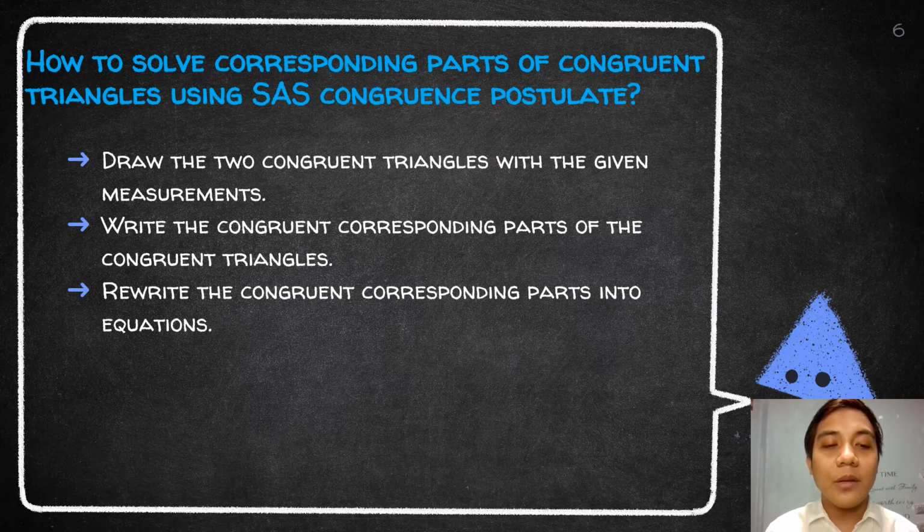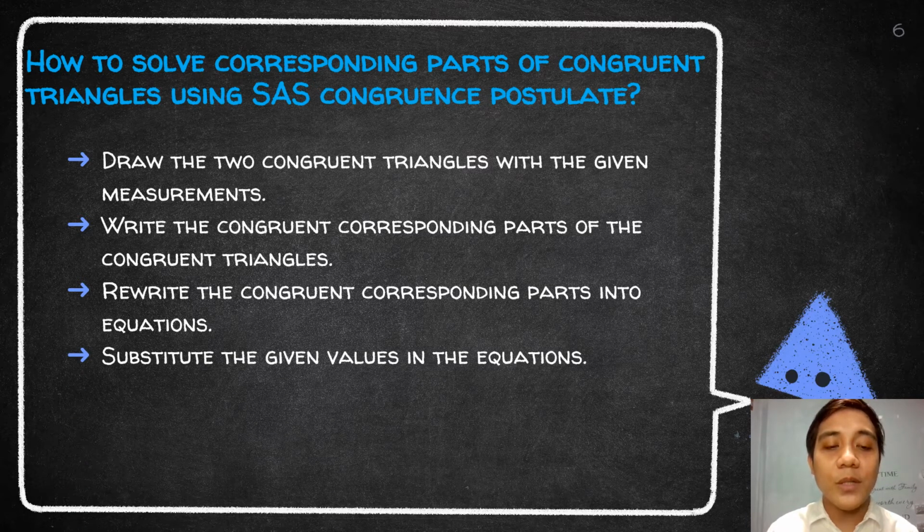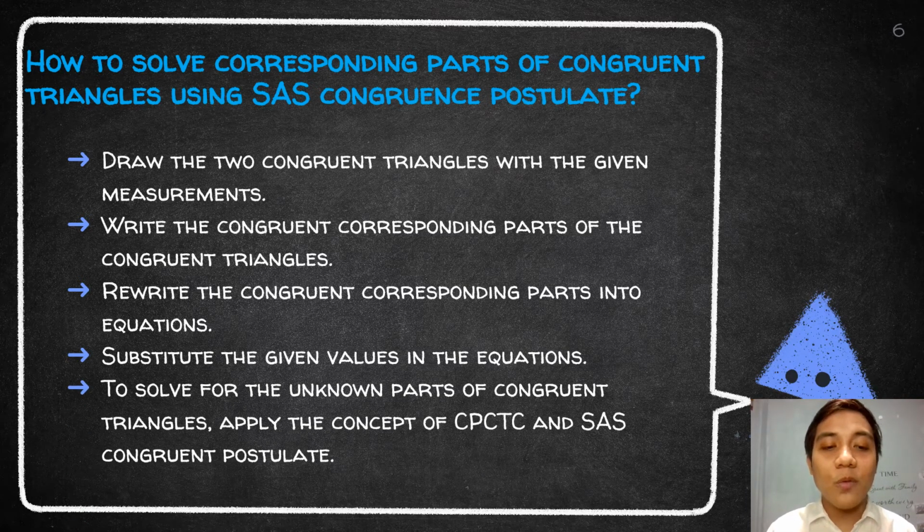Step 3. Rewrite the congruent corresponding parts into equations. Step 4. Substitute the given values in the equations. And step 5. To solve for the unknown parts of the congruent triangles, apply the concept of CPCTC and the SAS congruence postulate.